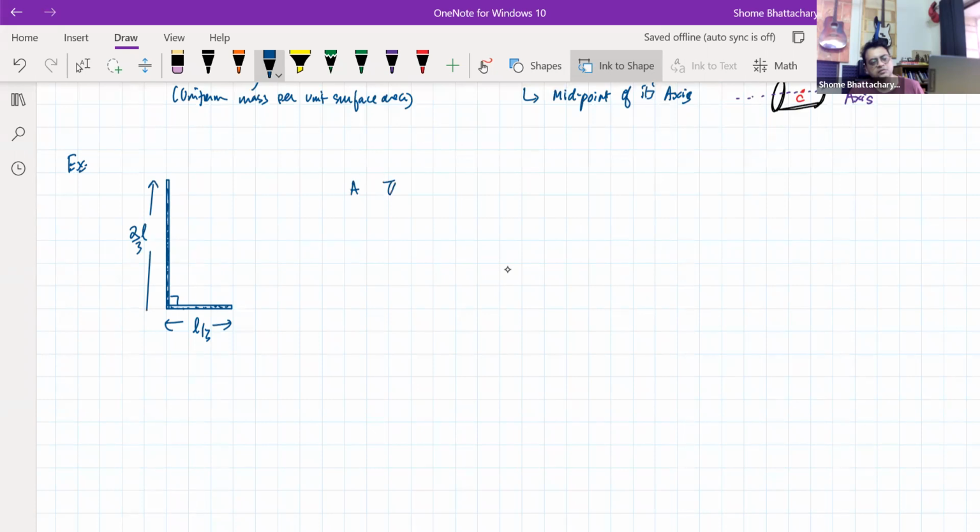So a thin uniform rod, mass M and length L, is bent into a 90-degree angle.